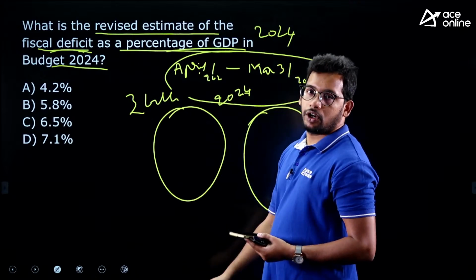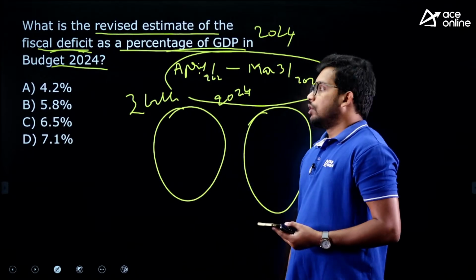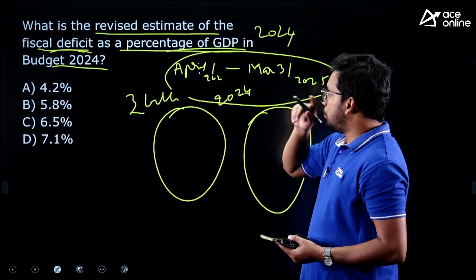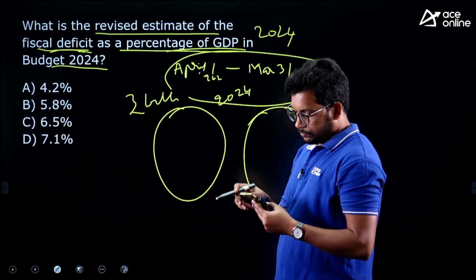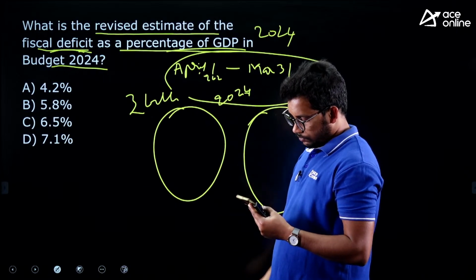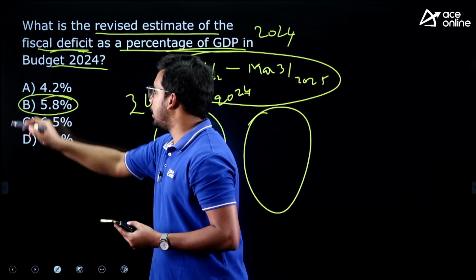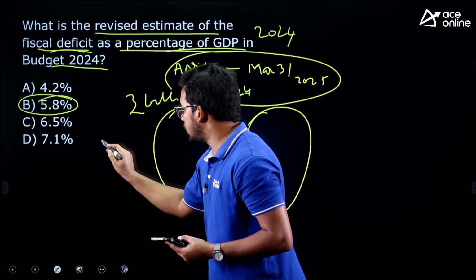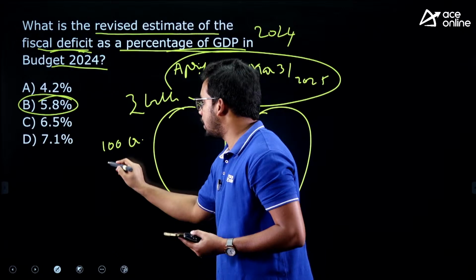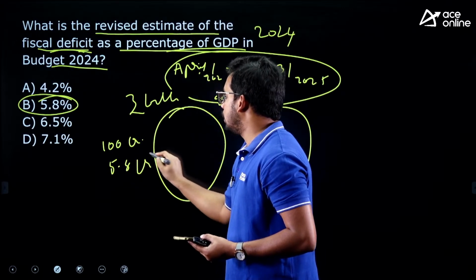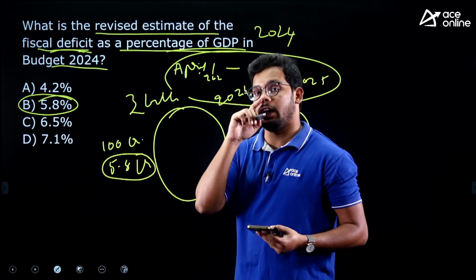So how much fiscal deficit are they saying? Anyone? It is around 5.8%. So if you are producing 100 crores of GDP, approximately 5.8 crore is the debt that we are creating in our country.